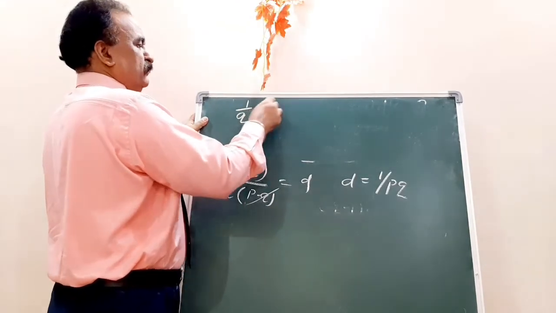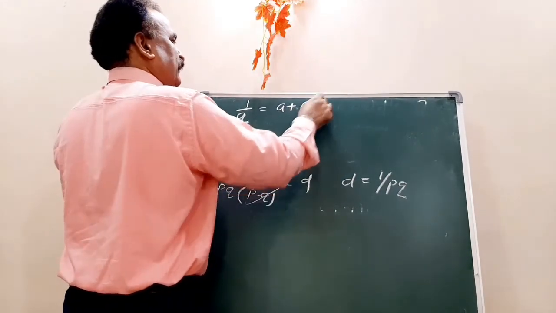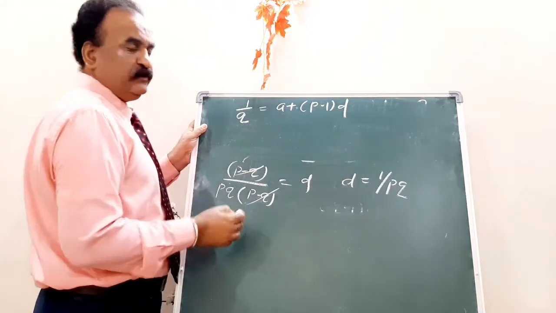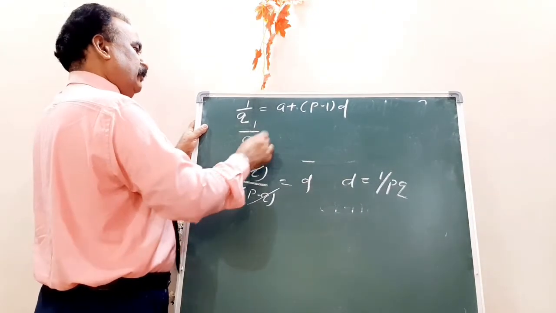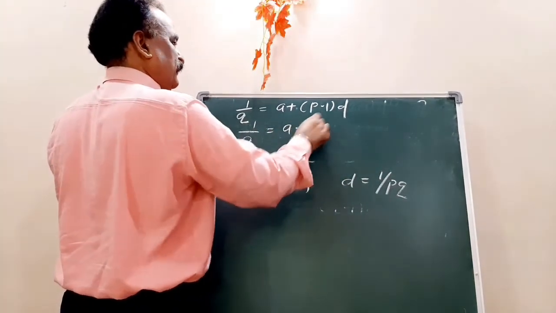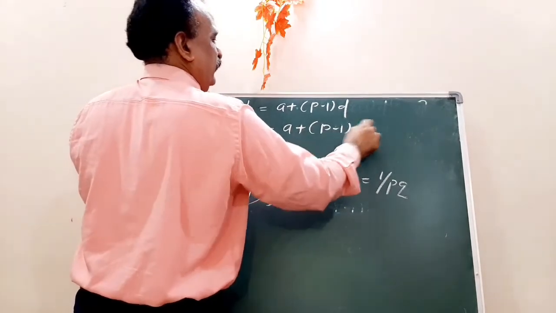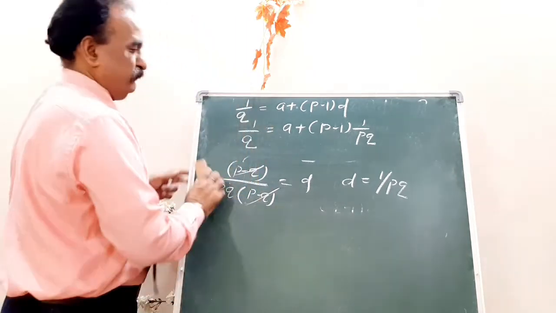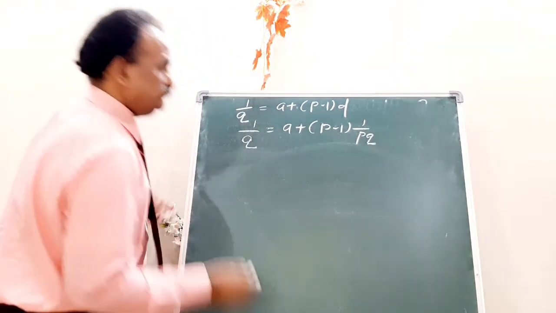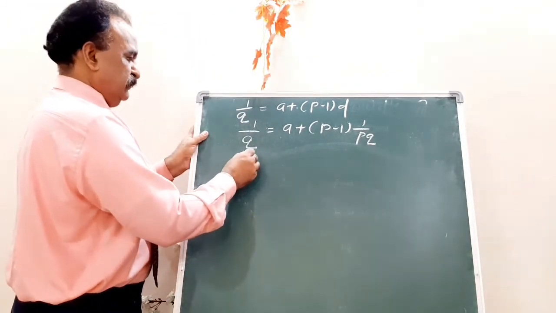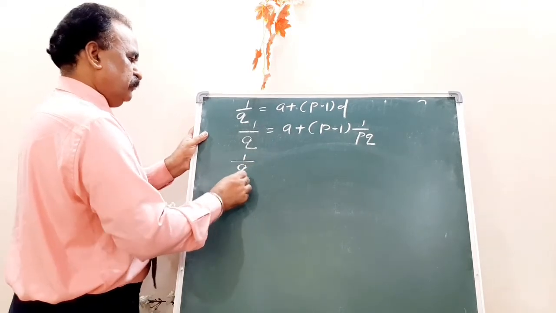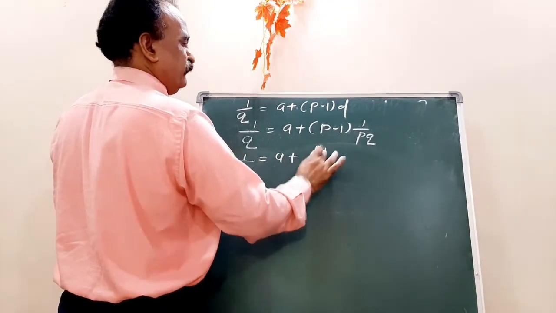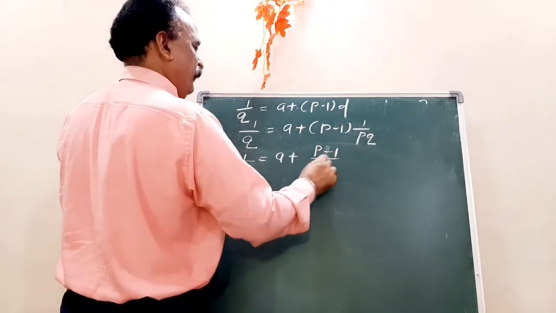One upon q is equal to a plus p minus 1 into d. And the common difference is 1 upon pq. It means 1 upon q is equal to a plus p minus 1 into 1 upon pq. Now you can write 1 upon q is equal to a plus p minus 1 upon pq.